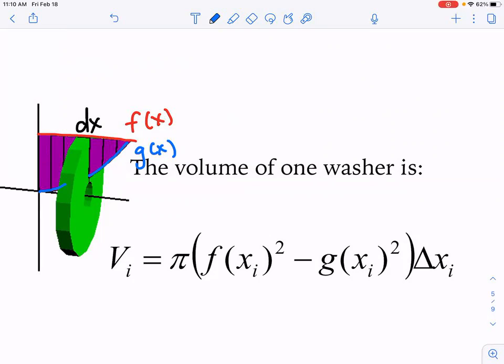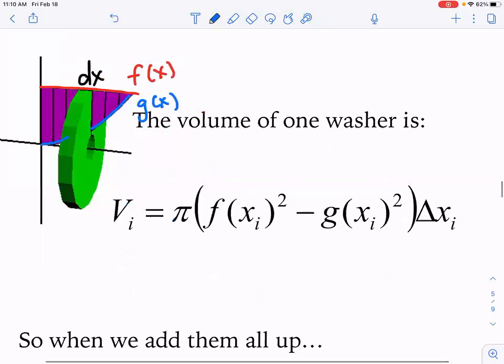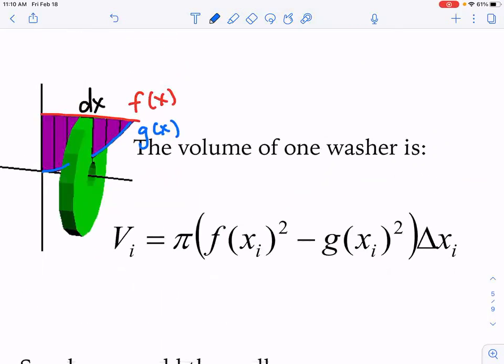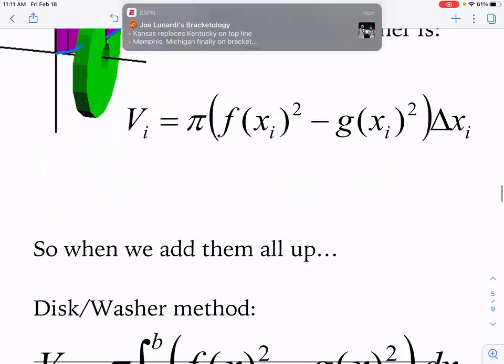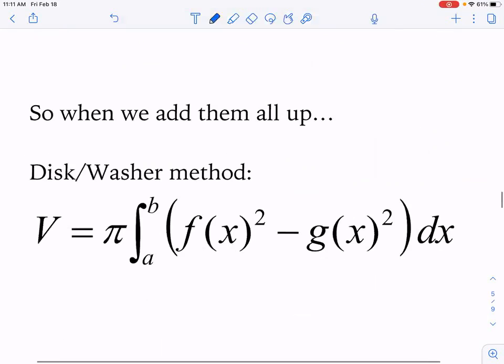So our functions are giving us how big those radii are. And we gotta sum these up. Do we have like a calculus thing that adds a bunch of things together? Mm-hmm. What's it called? It's called an integral. This is what you need to write down.